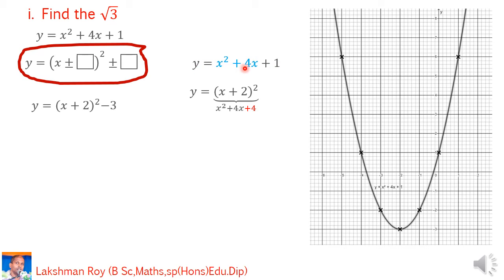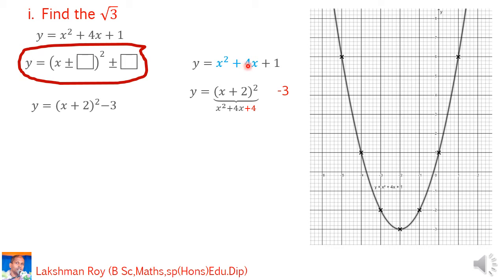So if I write y equal x square plus 4x plus 1 in this form, y equal x plus 2 squared, I get an extra term, positive 4. How to remove this positive 4? We need only positive 1. That means, you can understand, you have to subtract 3. What happens if you write x square plus 4x plus 4 minus 3? Plus 4 minus 3, you get only positive 1.